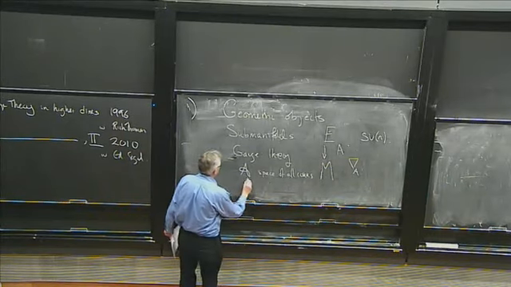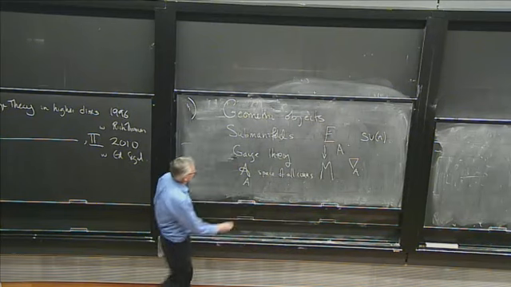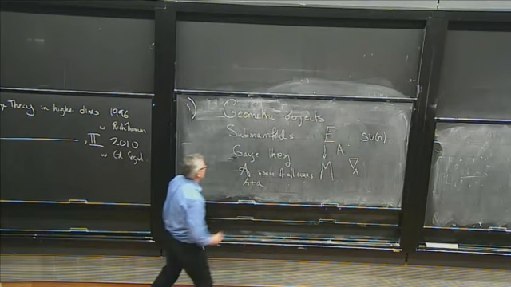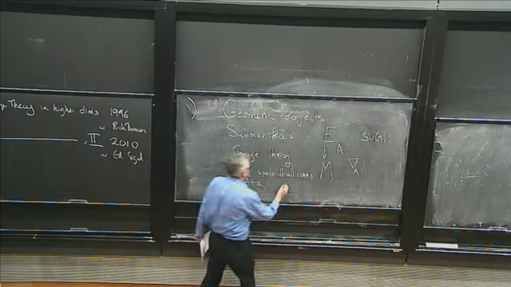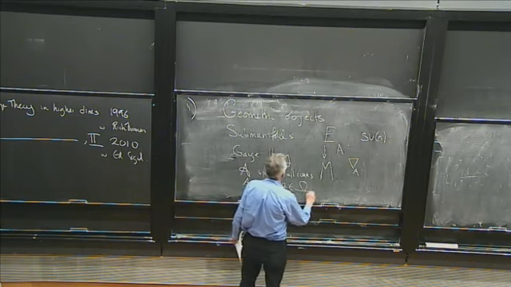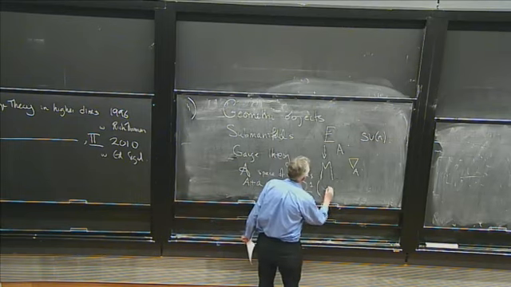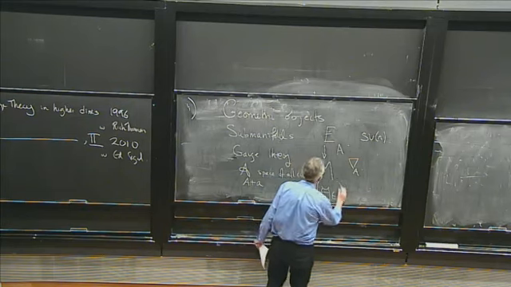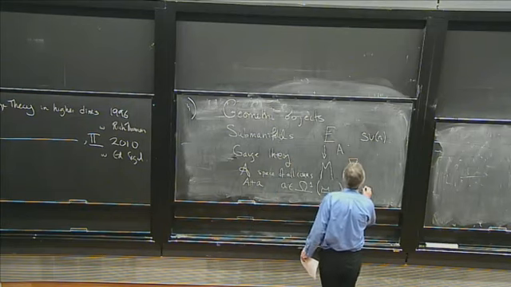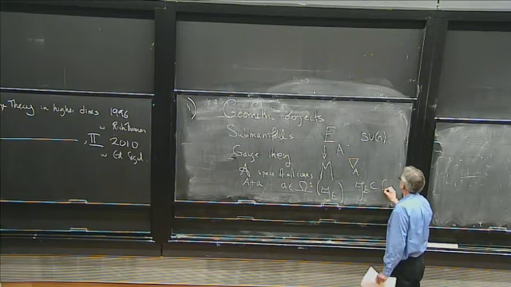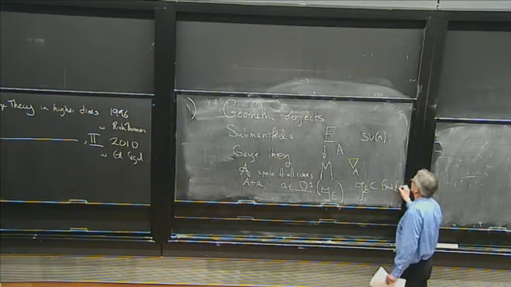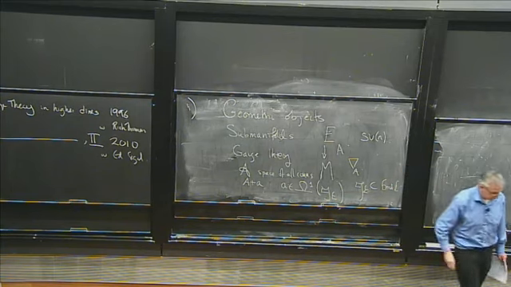So if we have a connection A, we could consider another one, A plus little a, where little a is a one-form with values in the subbundle of End E corresponding to the Lie algebra of SU(n), just the skew-adjoint endomorphisms.